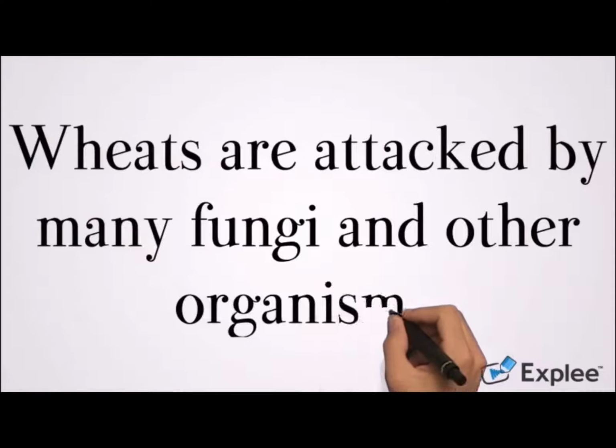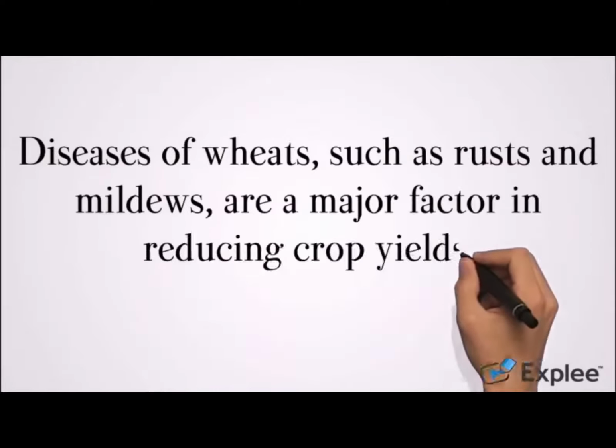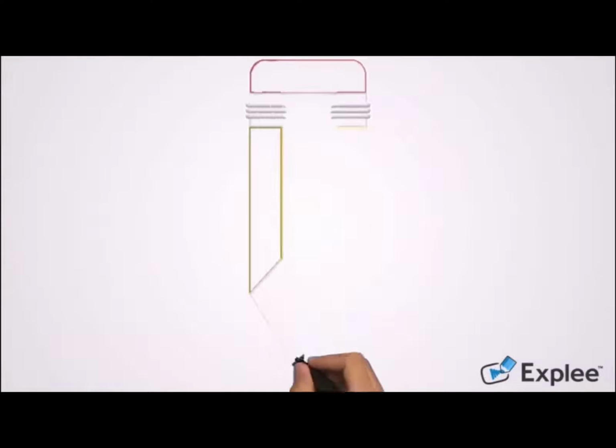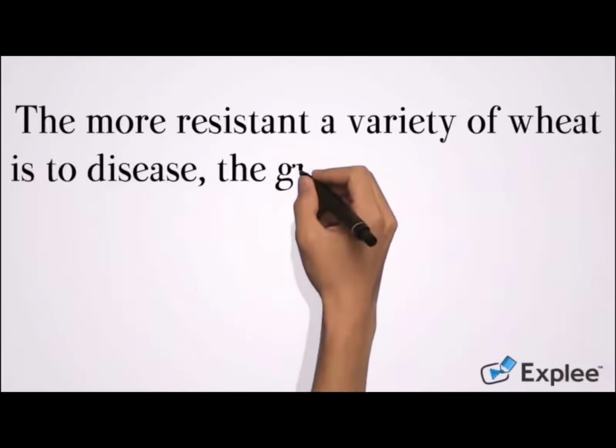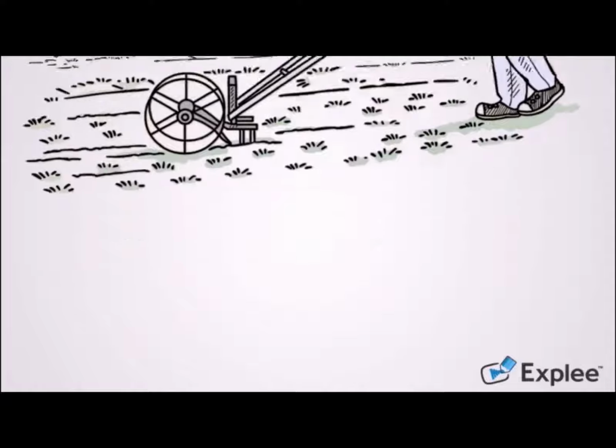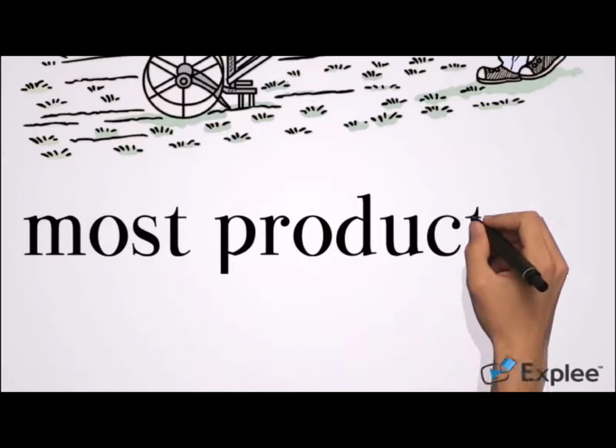Wheat is attacked by many fungi and other organisms. Diseases of wheat such as rust and mildews are a major factor in reducing crop yields. Take note that the more resistant a variety of wheat is, the greater the potential yield. Farmers have always selected those plants that were most productive and will have selected disease-resistant varieties along with the other favorable features.